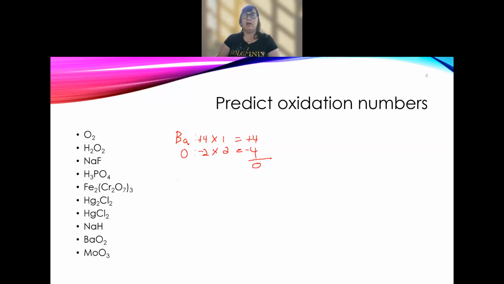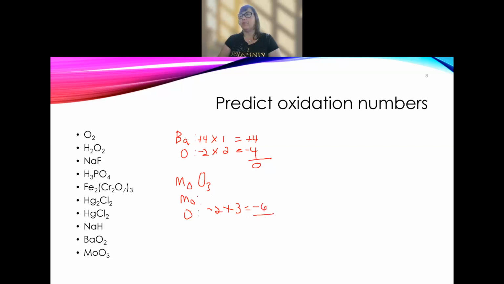We have one more to talk about, and that's this MoO3. Really ugly. Wow. So we'll look at our molybdenum, Mo. We'll look at the oxygen. There are 3 oxygens that have a -2 oxidation number. That gives me a -6.